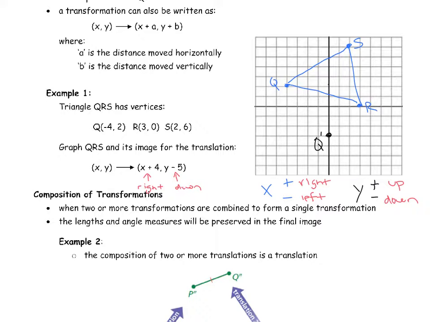So S, right 1, 2, 3, 4, and then down 1, 2, 3, 4, 5 puts S prime there. And then finally R, right 1, 2, 3, 4, and then down 1, 2, 3, 4, 5. Put R prime there, and then I can connect the dots, and that would be the new triangle.